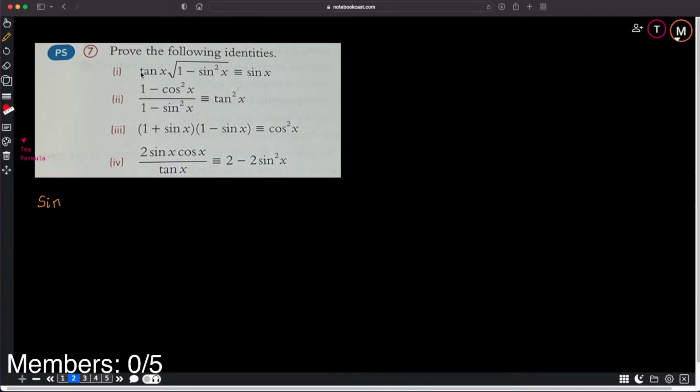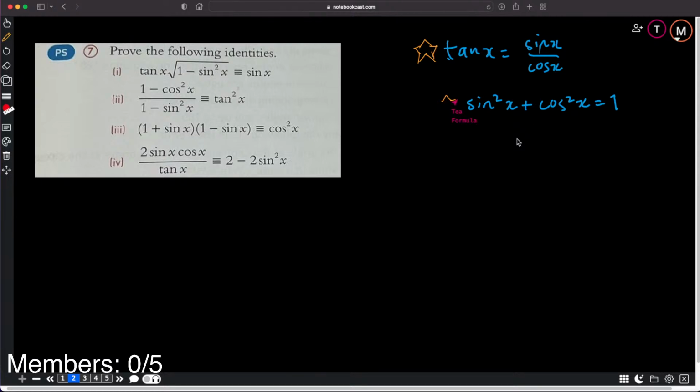Part 1 says the tan of x multiplied by the square root of 1 take sine squared x is equivalent to sine x. And for this, we want to make use of the fact that tan x equals sine x on cosine x. And also, the other identity we want to make use of, which you learn about in GCSE Further Maths, I think, is that sine squared x plus cosine squared x equals 1.